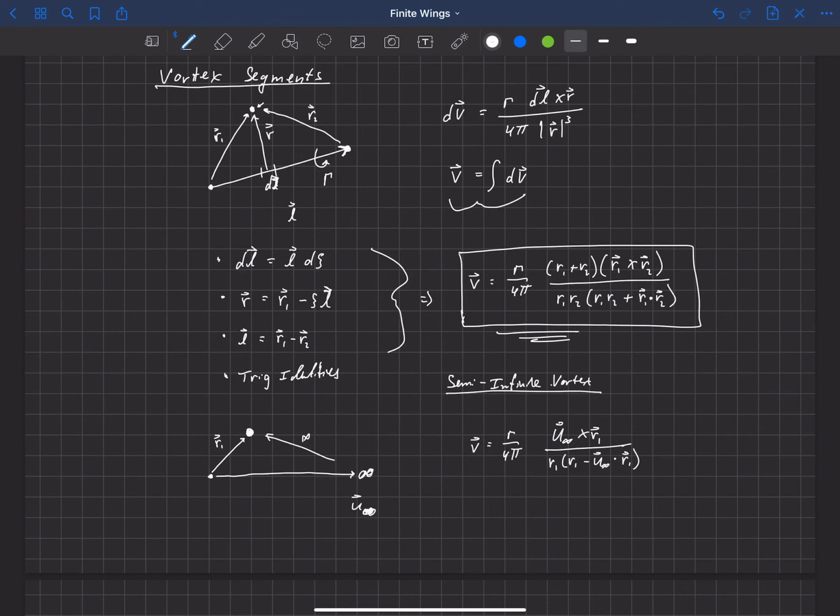This is also a very important equation that we'll be applying in the development of this numerical lifting line algorithm.